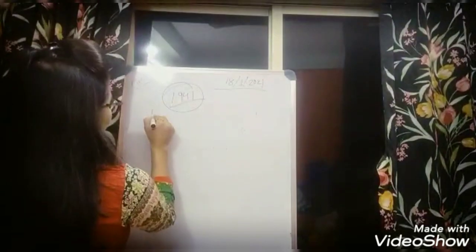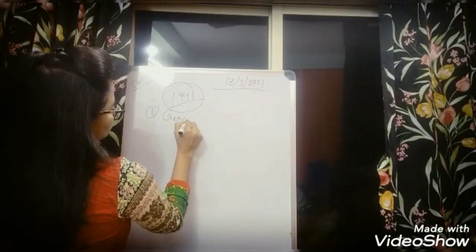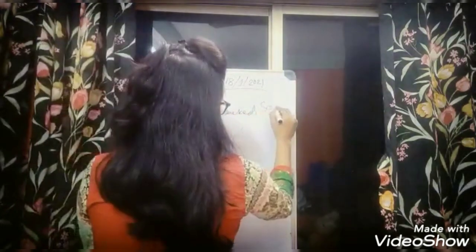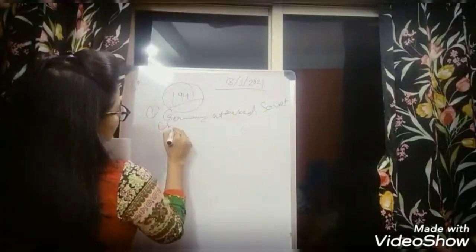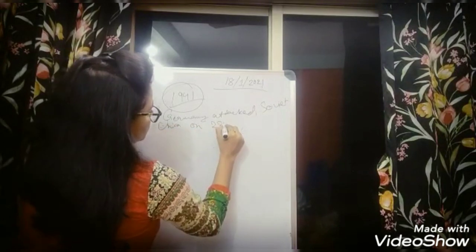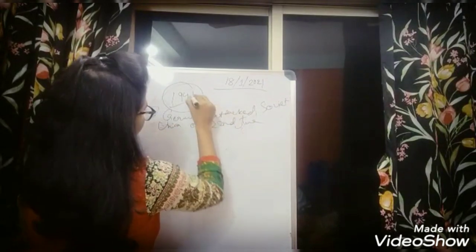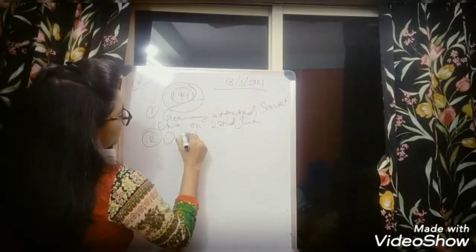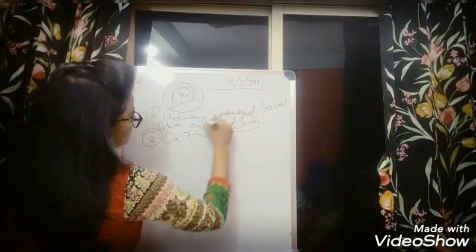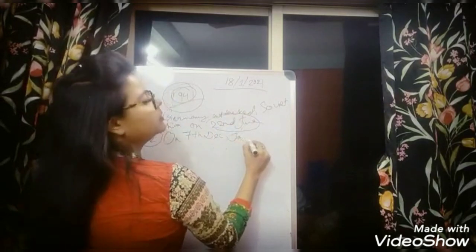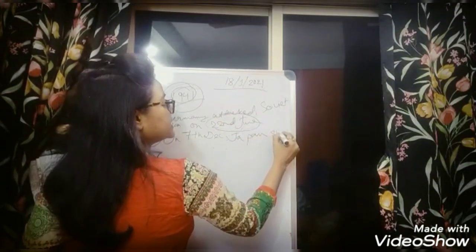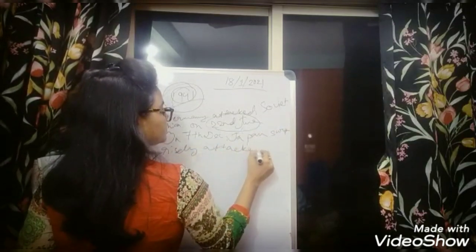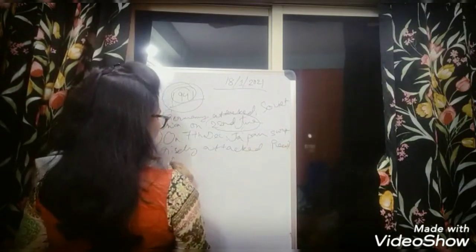The first one, Germany attacked Soviet Union on 22nd of June, and the second important change was on 7th of December, Japan surprisingly attacked Pearl Harbor, that is USA.